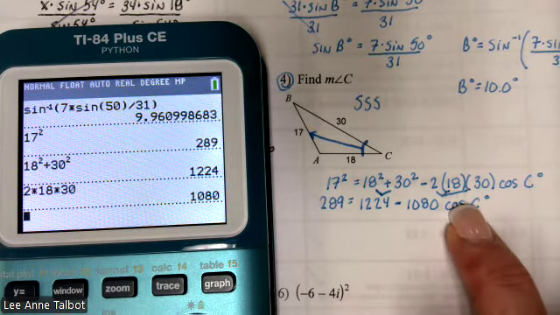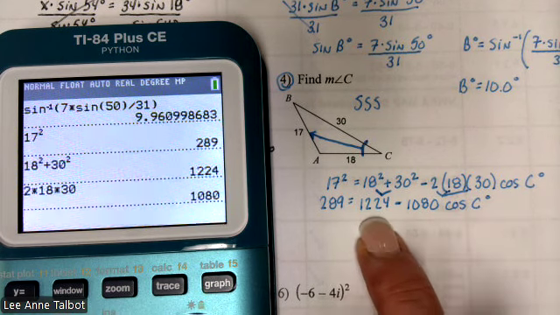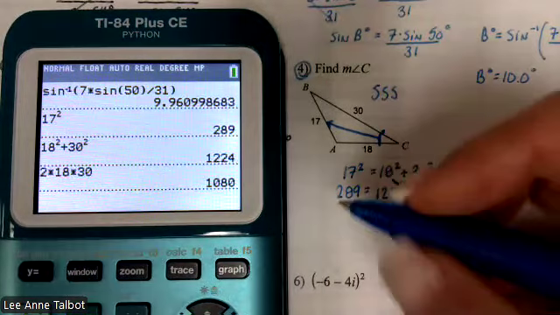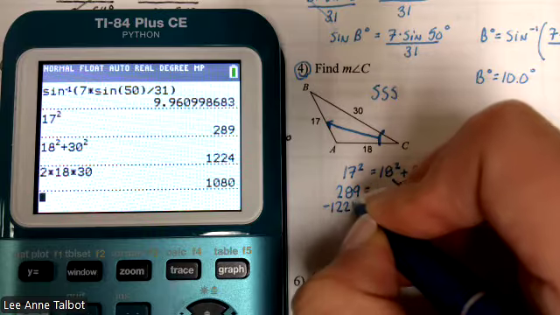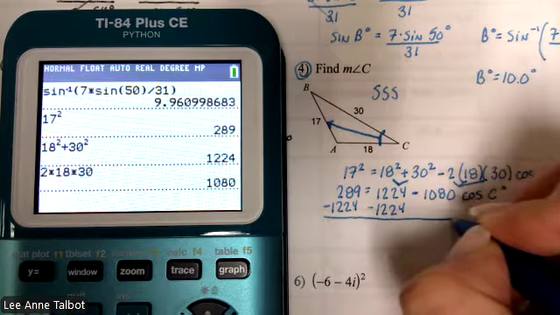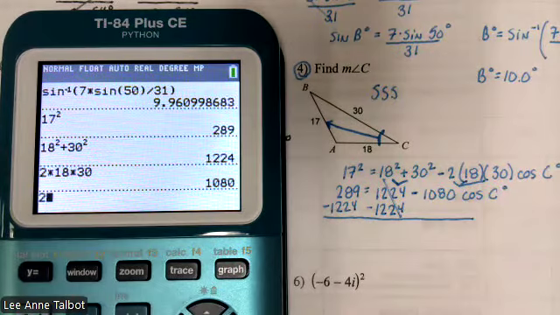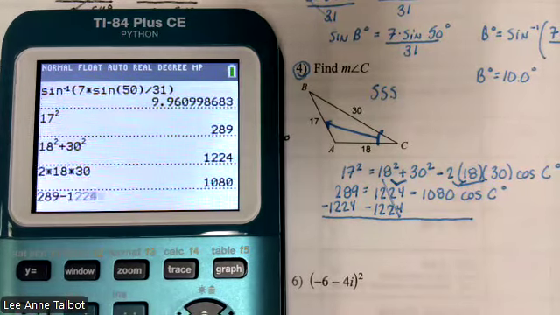This is like an X. So rescue the 1224 out of there before we do something dumb and violate order of operations. So 289 minus 1224.